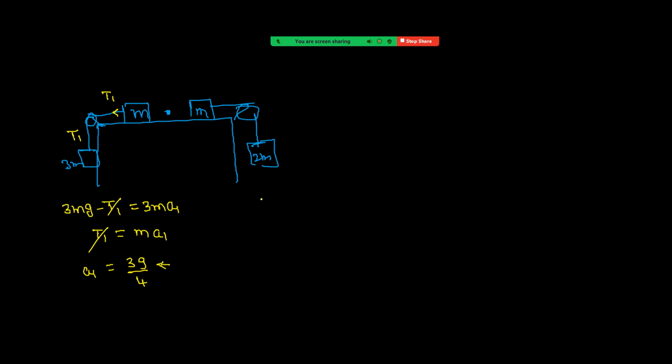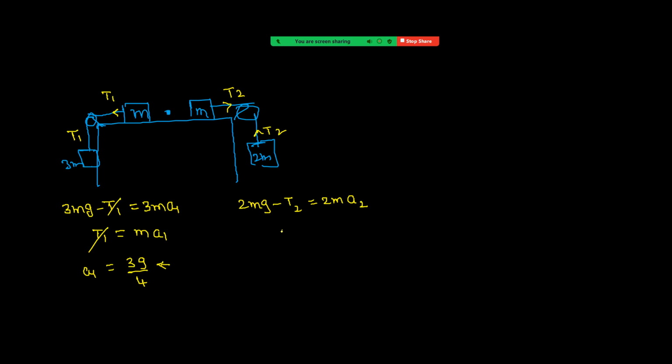In the same way, coming to this one, 2mg, let us take the tension as T2. Then this is also T2. Okay. 2mg minus T2 is equal to 2m times acceleration, take it as A2. Next, for the block, there is only one force acting horizontally.